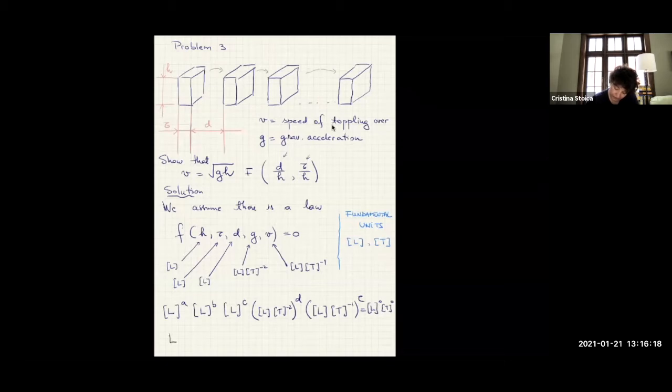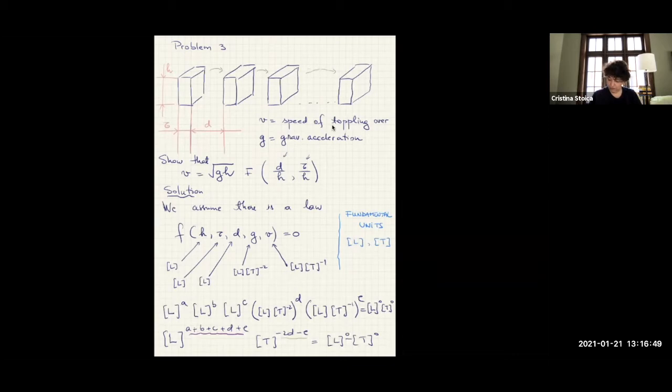Then we combine them, so we'll have L to the power A plus B plus C plus D plus E, and then T to the power -2D minus E. So all this should be L to the 0, T to the 0. Okay, so we end up with a system, right? So this guy has to be 0.